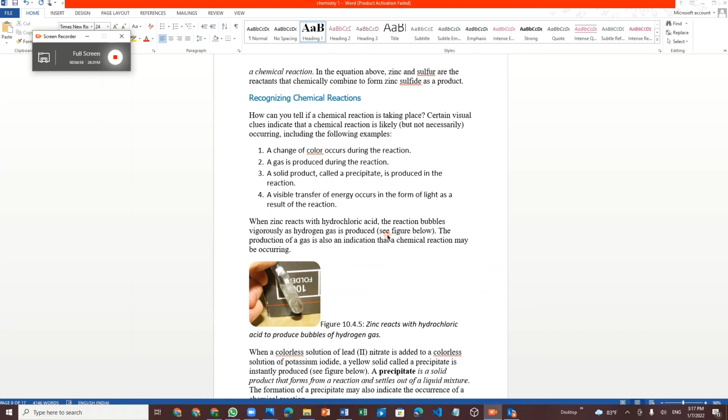We can also recognize it by a change of color, if any gas is produced during the reaction, or if a solid product is produced, which is called a precipitate.